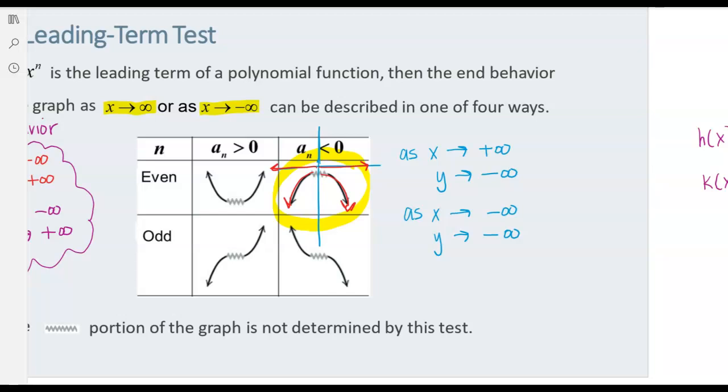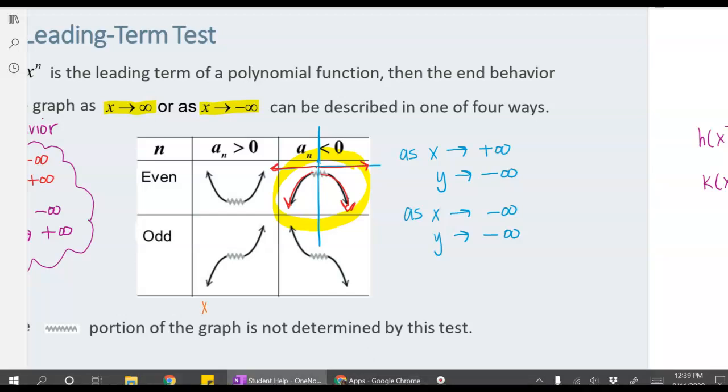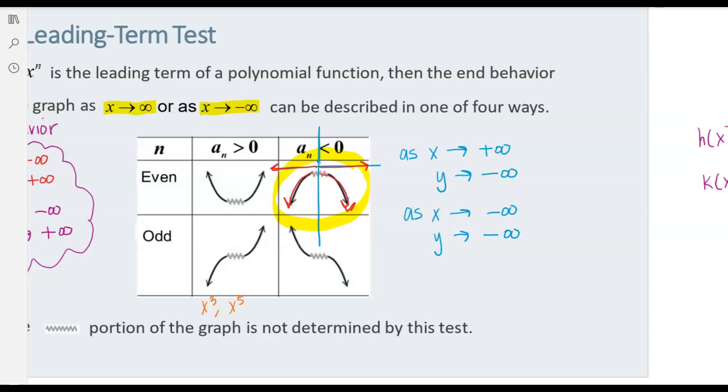For odd graphs, like the x cubed graph or x to the 5th graph or x to the 7th graph, right? X cubed, x to the 5th, x to the 7th, and so on. The end behavior is in the opposite way. As x goes to positive infinity, y is going to positive infinity.